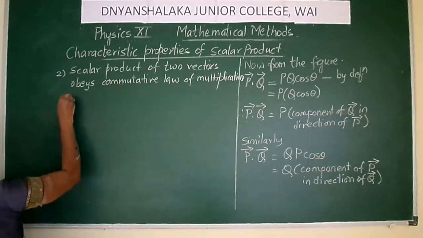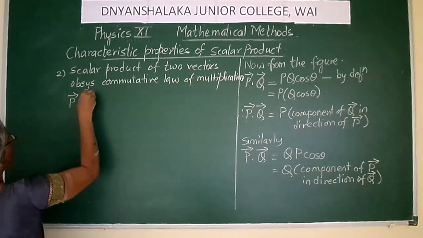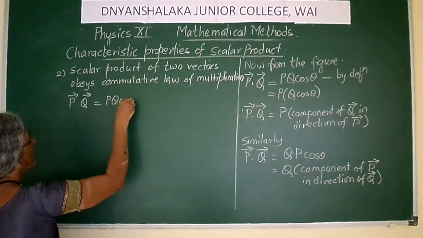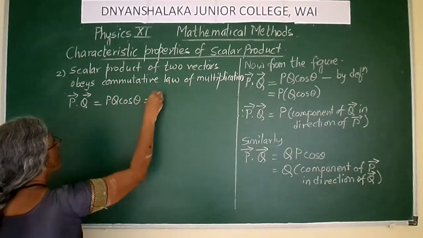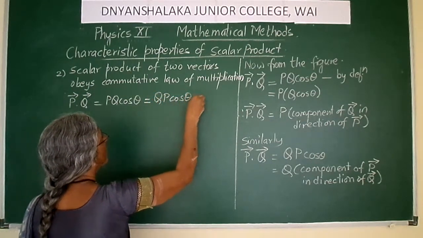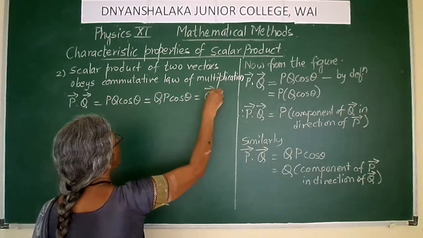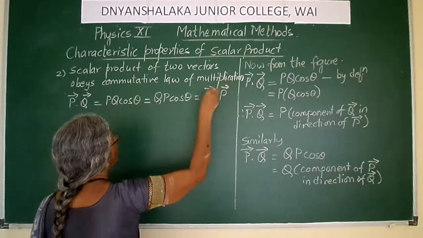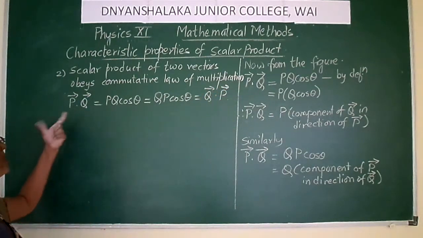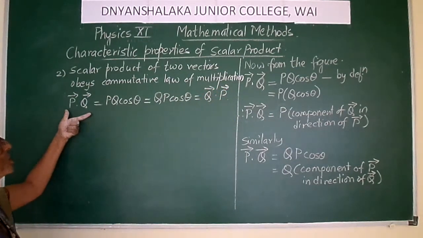Like vector p dot vector q is equal to pq cos theta. This is equal to qp cos theta. So equals to vector q dot vector p. So what is commutative law of scalar multiplication?